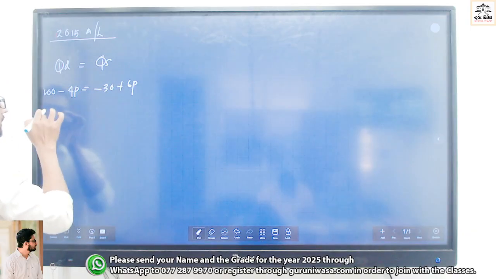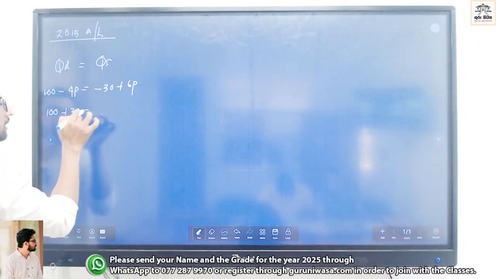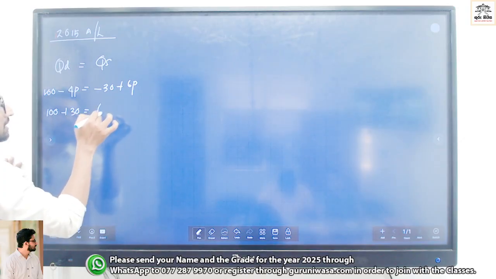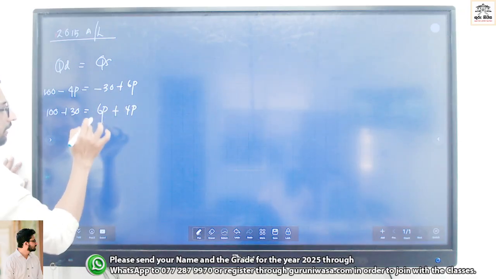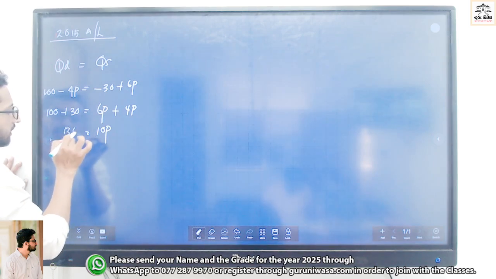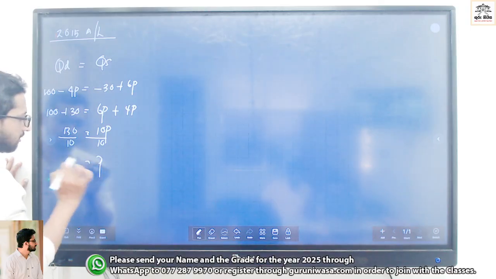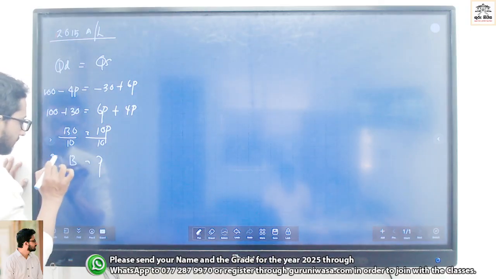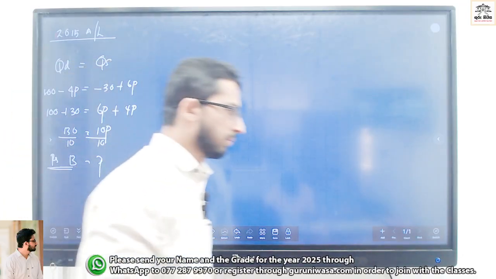Then 100 plus 30 equals 6P plus 4P. Altogether 10P equals 130, divided by 10. P equals 13 rupees. Okay, 13.